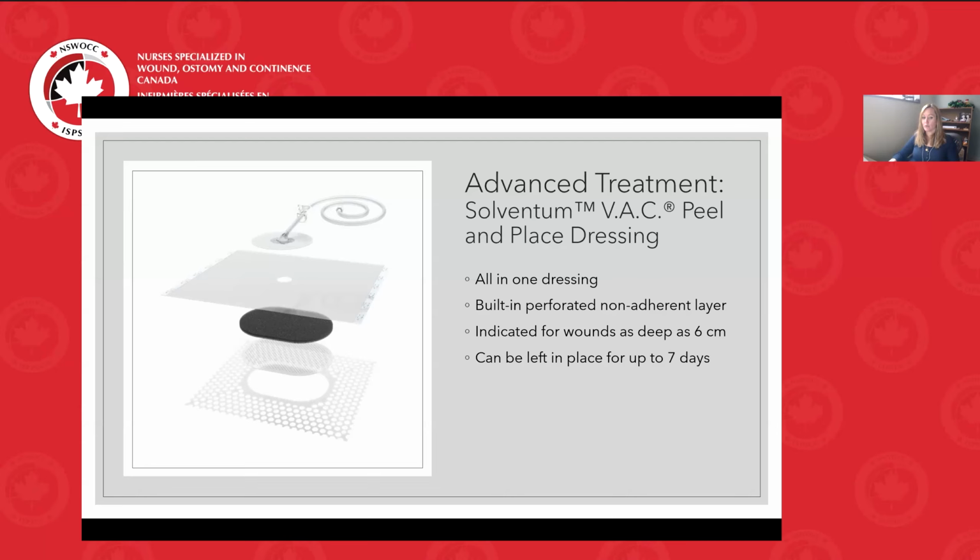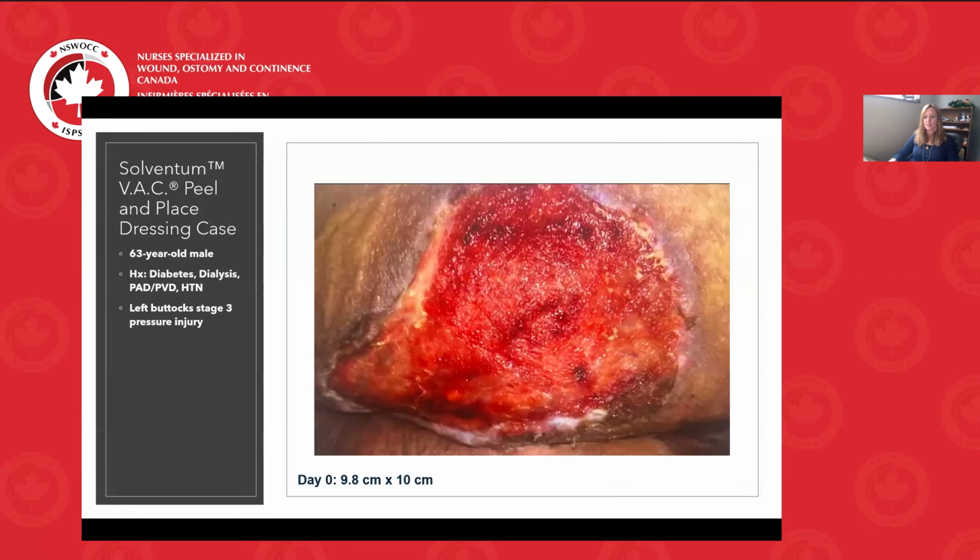It's indicated for wounds that are up to 6 centimeters in depth. It comes in 3 different sizes: a medium, a large, and a small. This has been a real game changer for me. I luckily was one of the first people to utilize this dressing. So this is a case utilizing the peel in place.